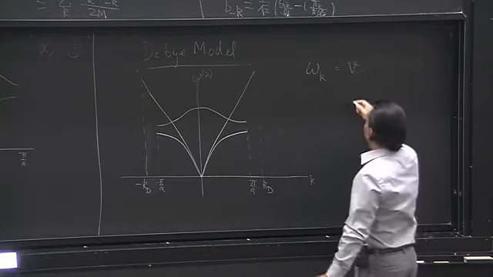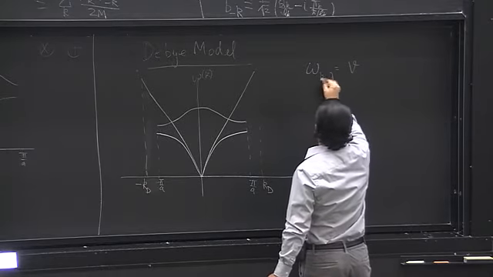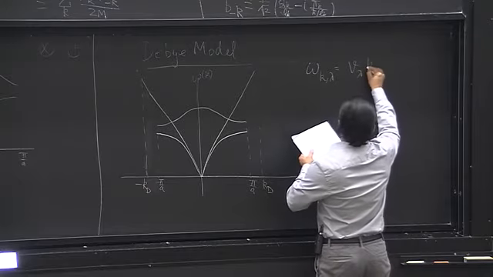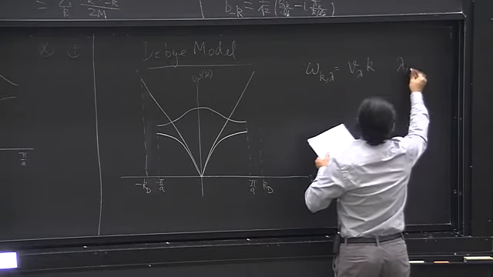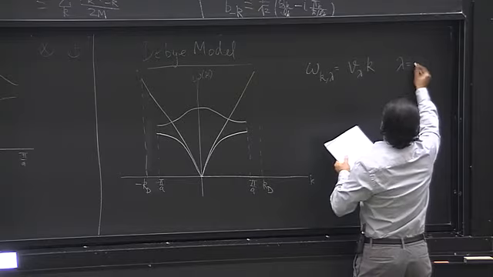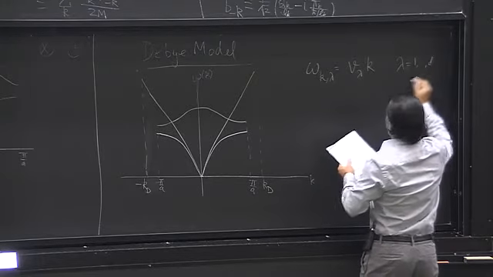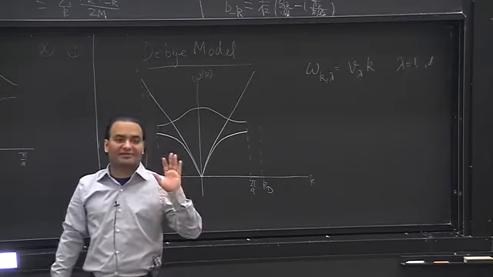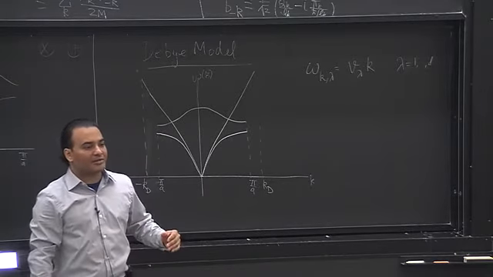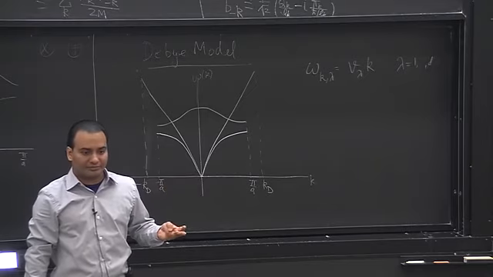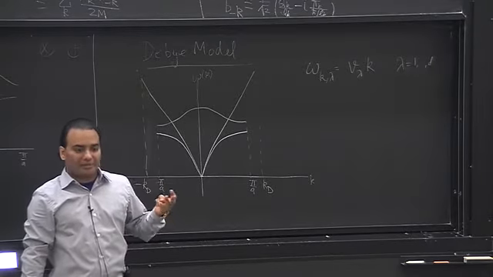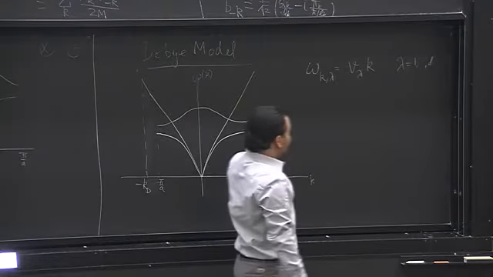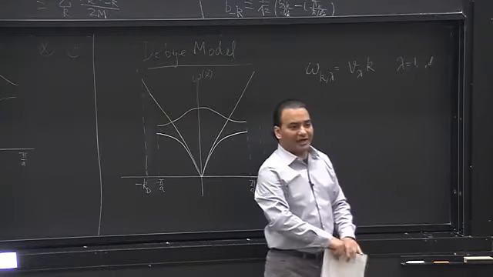So in general, you will have dispersion omega of k and lambda equal to v lambda times k, where lambda goes from 1 to d. In 2 dimensions, you will have 2 such modes. In 3 dimensions, you have 6 modes, but in the Debye approximation, these will become 3 modes, right? Because we got rid of optical modes altogether. So in d dimensions, in general, you will have this.